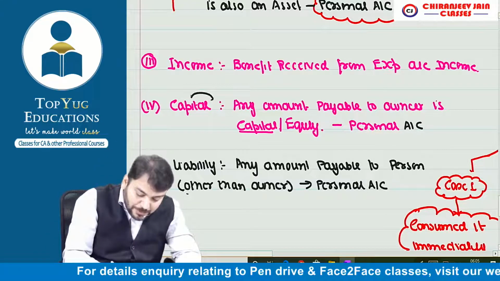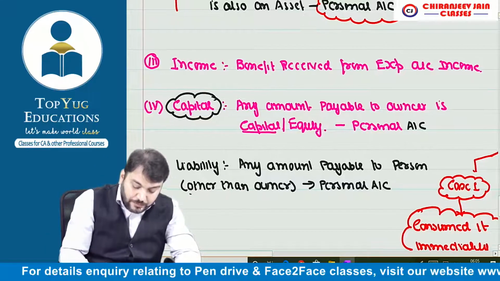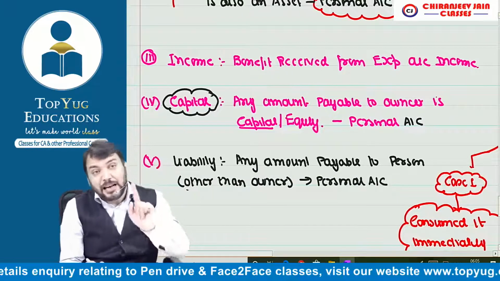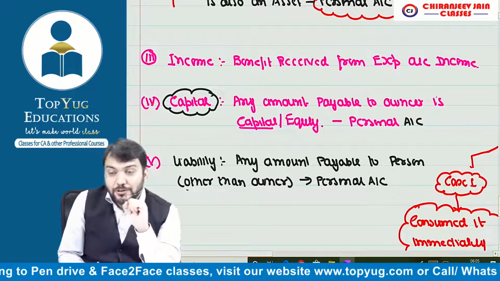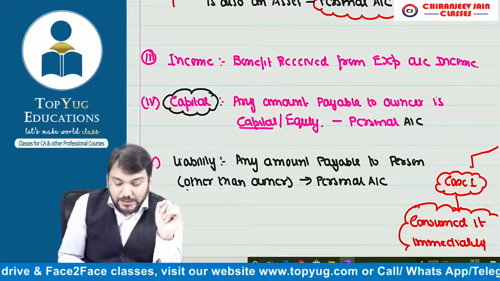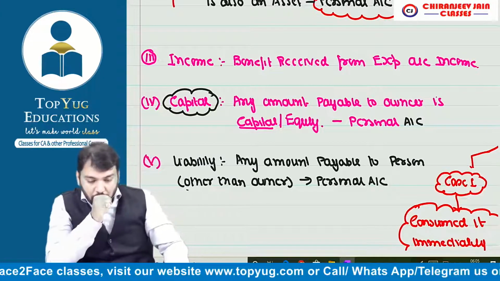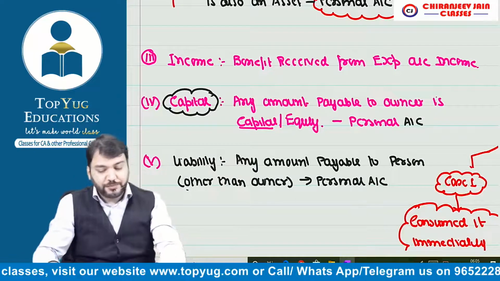Capital account, I have already said, is a representative personal account. I am not saying capital account right now, just capital. Correct? So the capital account is a representative personal account. Have you understood this much?